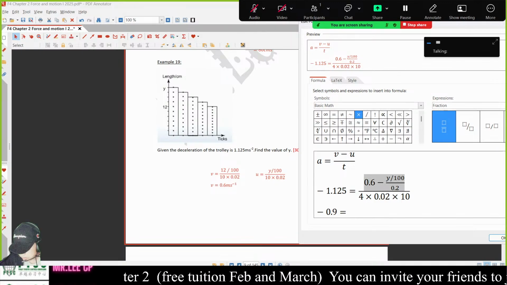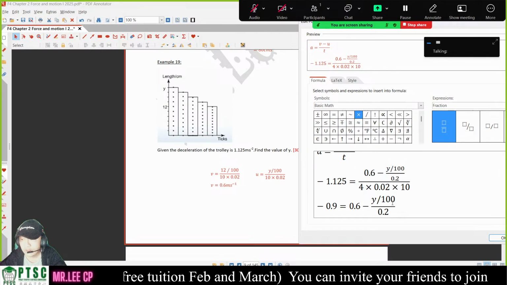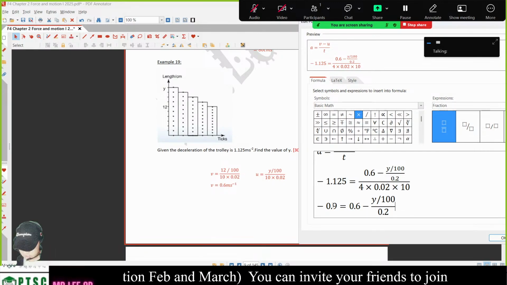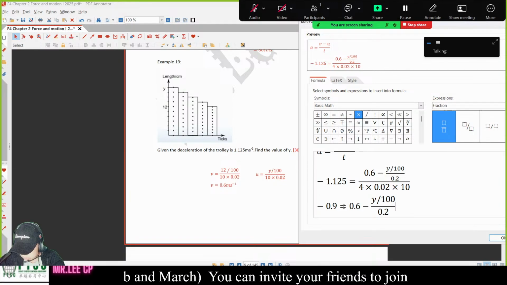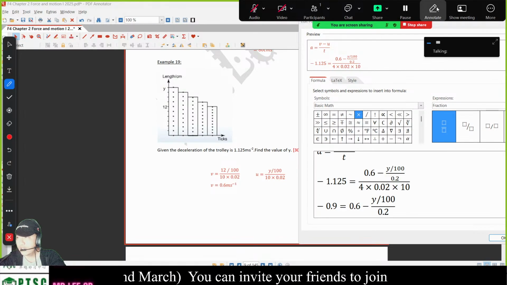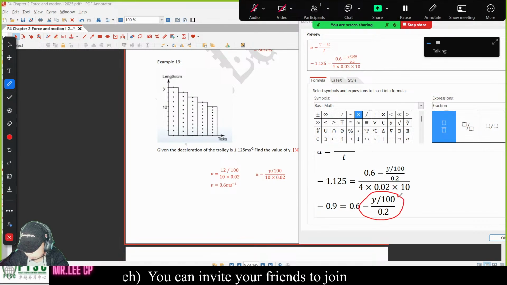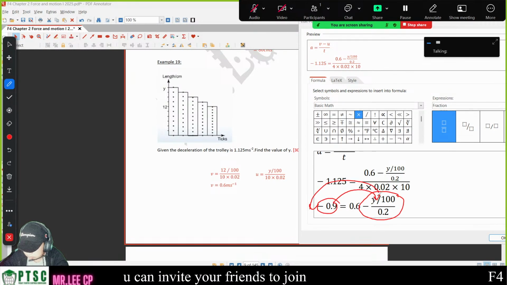So I copy down. This negative I bring to here, so it becomes minus. Or if I want to see it as positive, I can straight away bring this one to here, and then this negative I bring to here becomes positive.